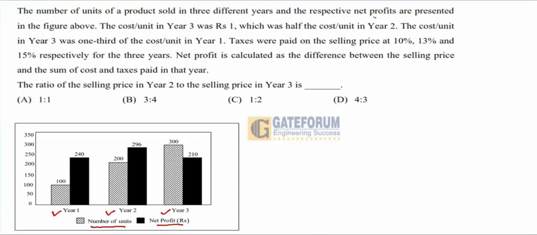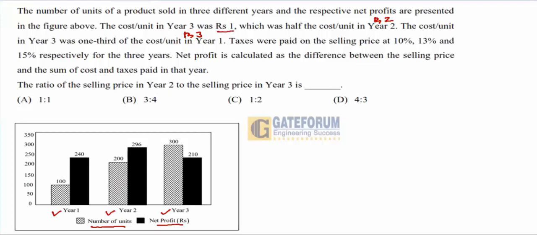So the cost in year 2 was Rs2, right? And the cost per unit in year 3 was 1/3 of the cost per unit in year 1. So year 1 would have been Rs3 per unit, right? So in year 1 the cost price was 3 rupees per unit, year 2 it was 2 rupees per unit, and year 3 it was Rs1 per unit.